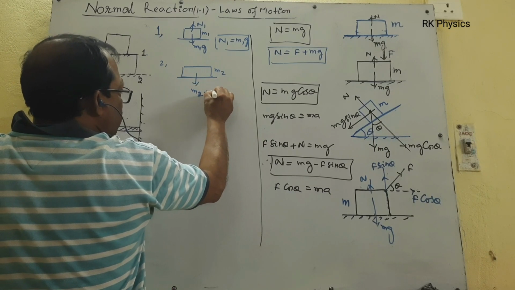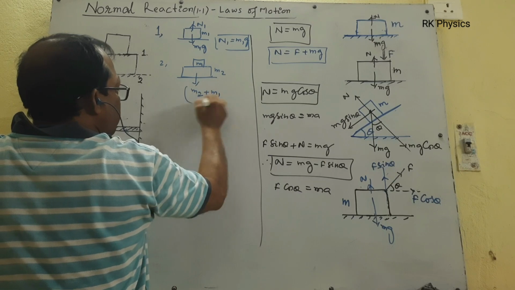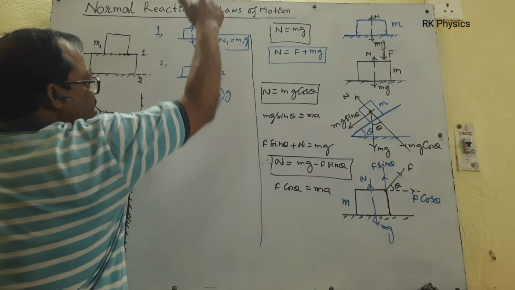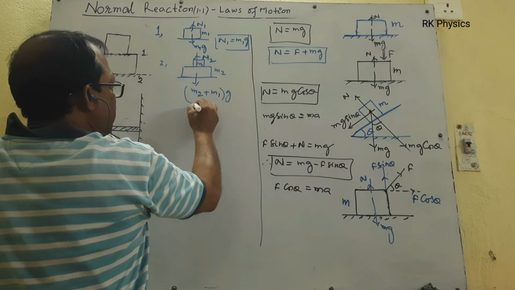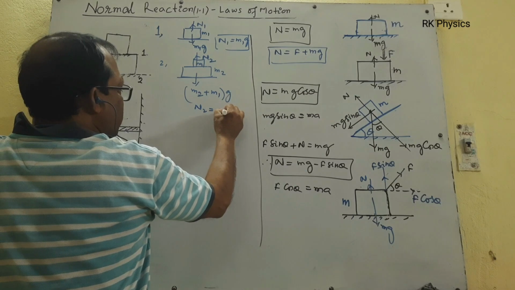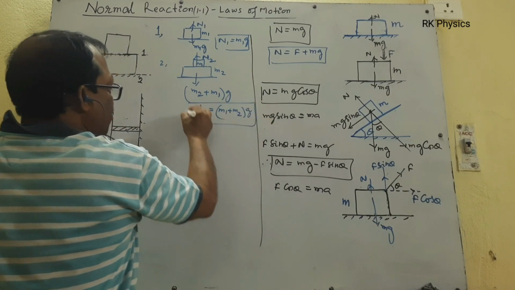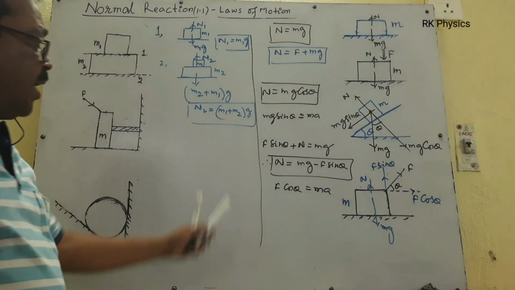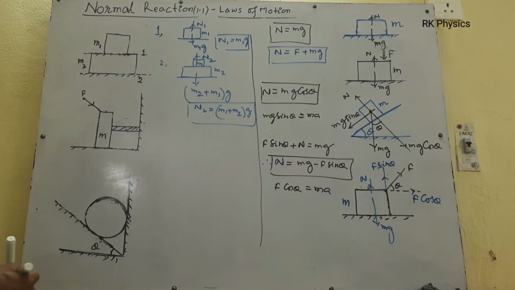M2 plus M1, because there is M1 above it, M2 plus M1 whole into g. With this much weight it is pressing the ground. This is your normal reaction, say N2. You write N2 equal to M1 plus M2 whole into g. That is, N1 equal to M1 g, and N2 equal to M1 plus M2 whole into g.